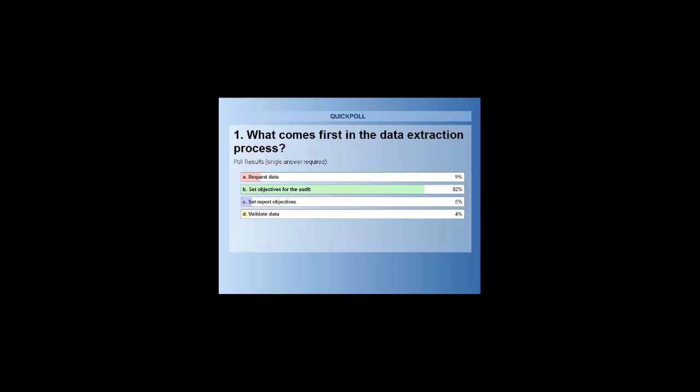With all that noted, one question came in: what is the best file type to receive? What is a flat file? It's otherwise known as a fixed length file, and just bear with me one second here. We can hide the poll. The fixed length file, or flat file, is one where everything has a fixed length in ACL.